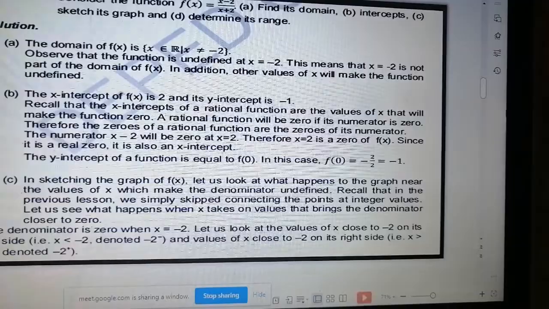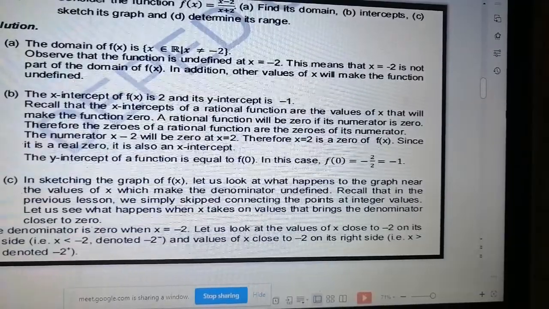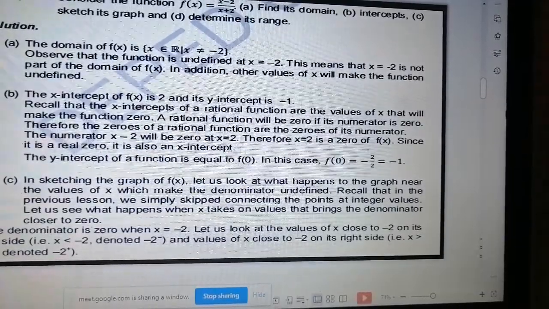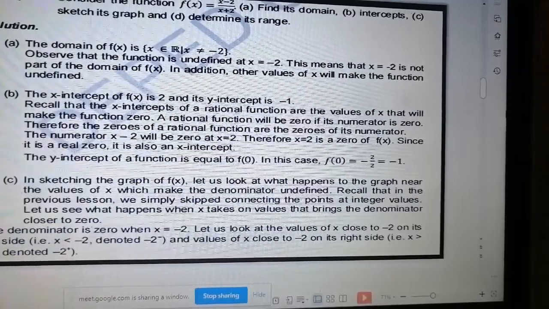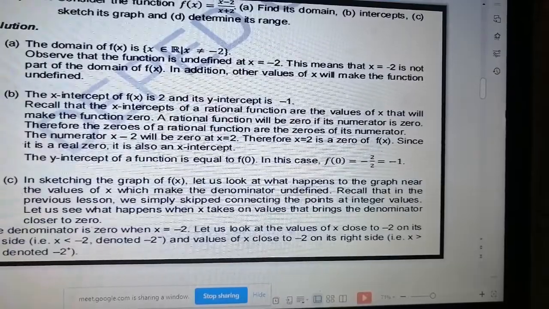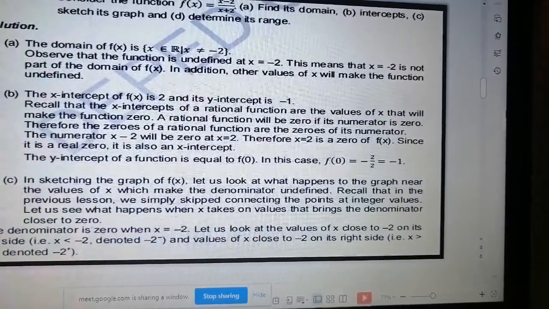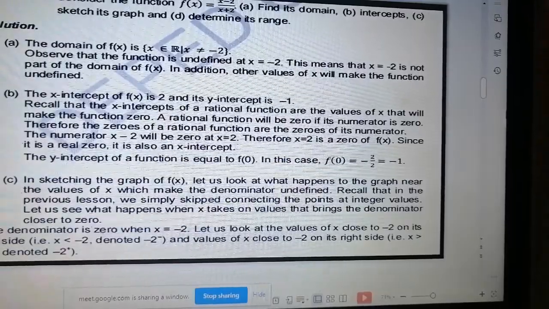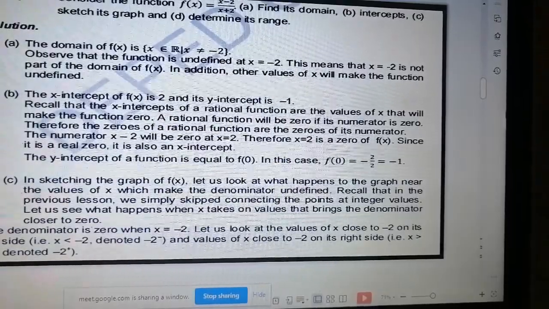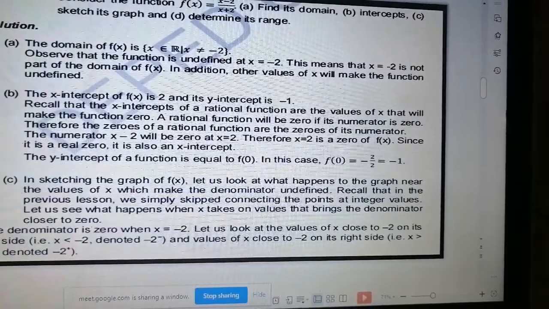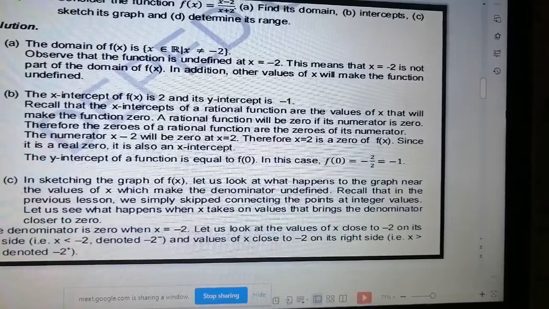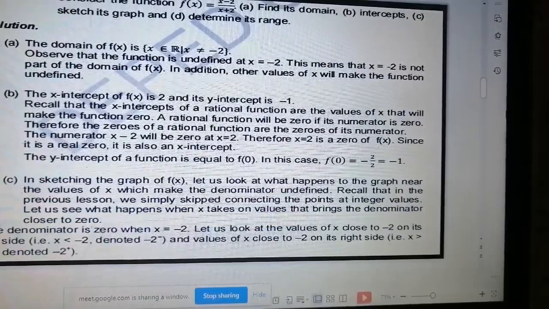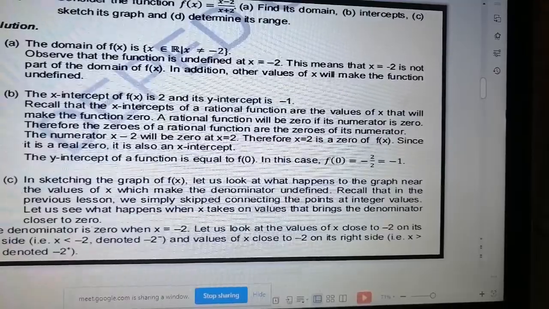In addition, no other values of x will make the function undefined. Pag sinabing undefined, anak, ibig sabihin hindi mahanap, walang solusyon.